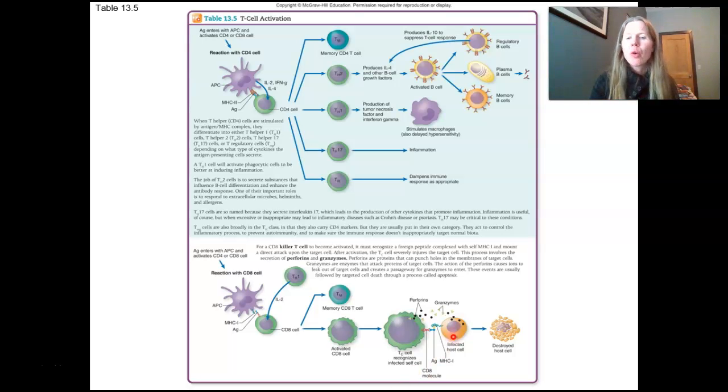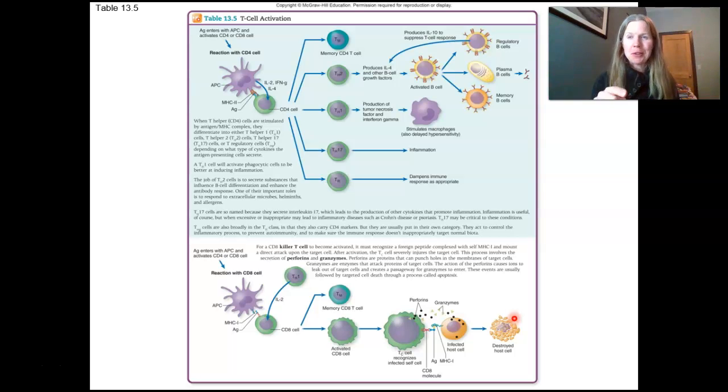If there's a match, the cytotoxic T cell, activated by helper T cells, is going to secrete fun things like perforins, which poke little holes in this infected cell and get it to lyse, to be destroyed.